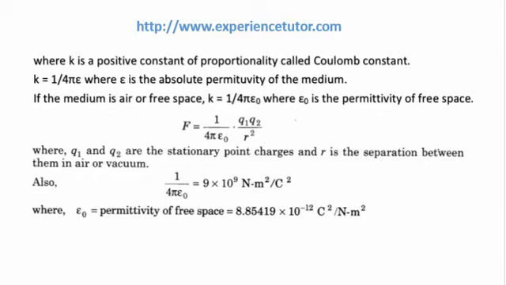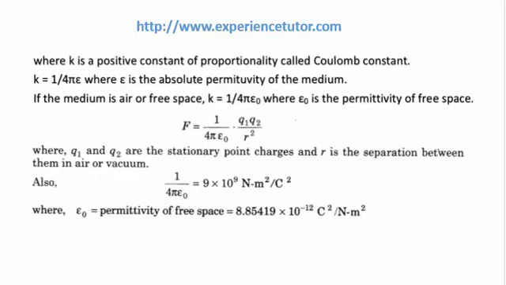Therefore, F is equal to 1 by 4 pi epsilon naught Q1 Q2 upon r square, where Q1 and Q2 are stationary point charges and r is the separation between them in air or vacuum.